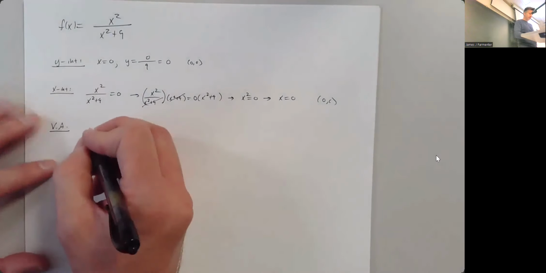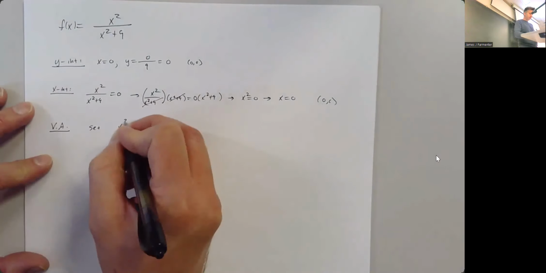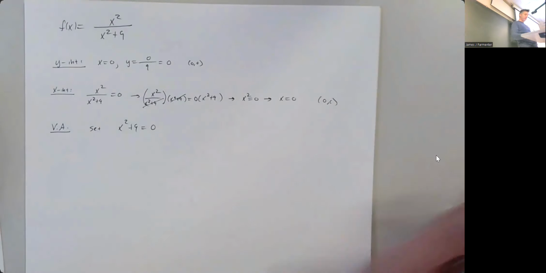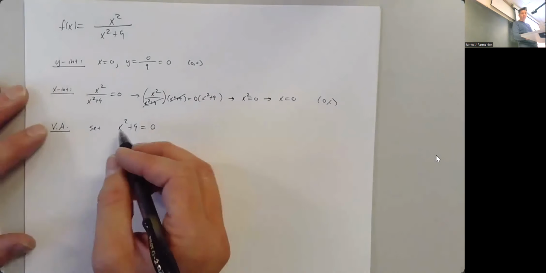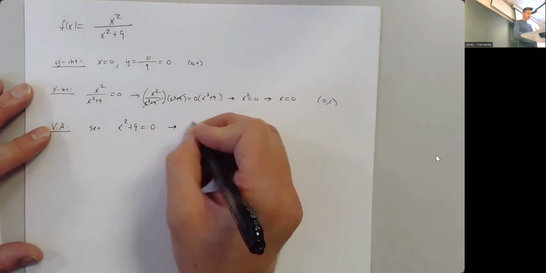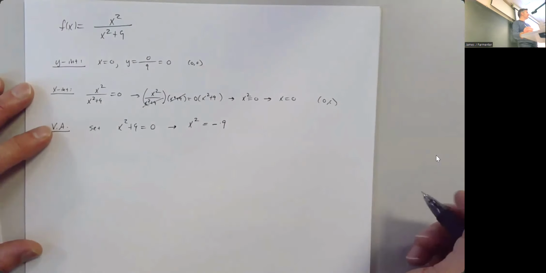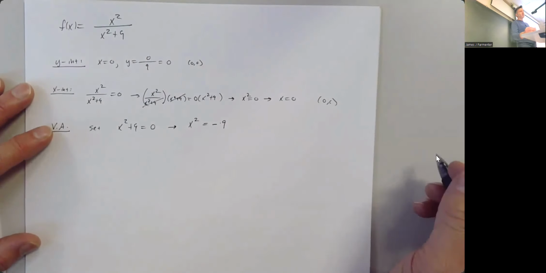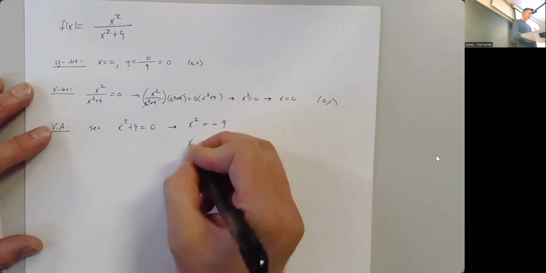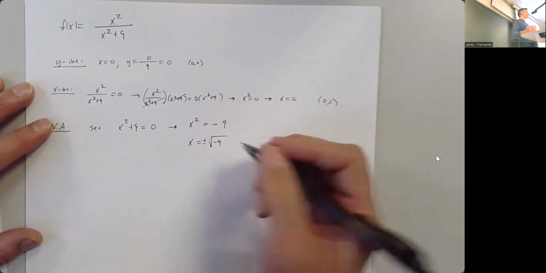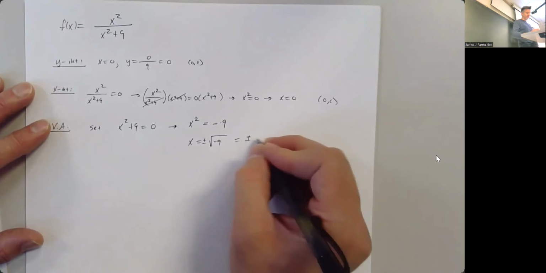So here, if I set x squared plus 9 equal to 0, I get nothing. There is no solution to this. You could try to solve it by subtracting 9 from both sides, and you get x squared equal to negative 9. Be careful here. I've seen many people over the years say x is equal to plus or minus the square root of negative 9, and completely ignore the negative and say that's plus or minus 3.